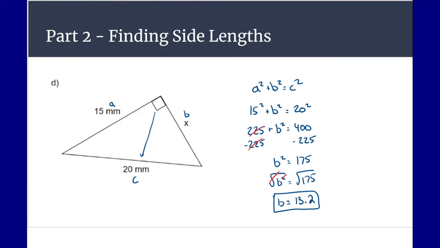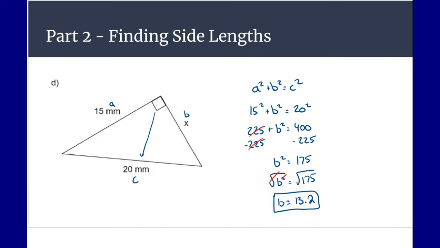So again, we're talking about the different side lengths. We should know that the hypotenuse is the longest side, as we've mentioned in definitions before. So the hypotenuse is the longest side of our triangle. That means the two legs need to be less than 20 meters, or millimeters. A is 15, that's less than 20.